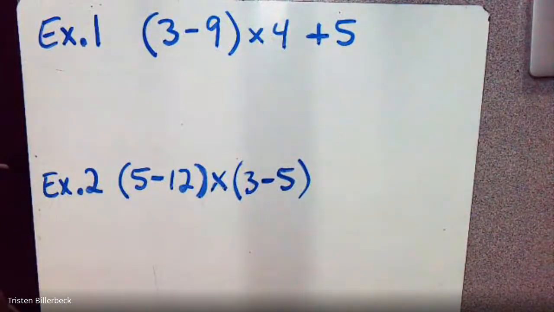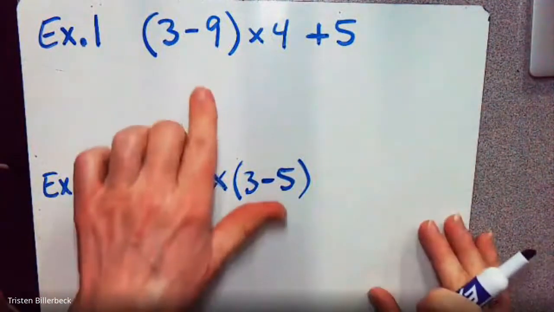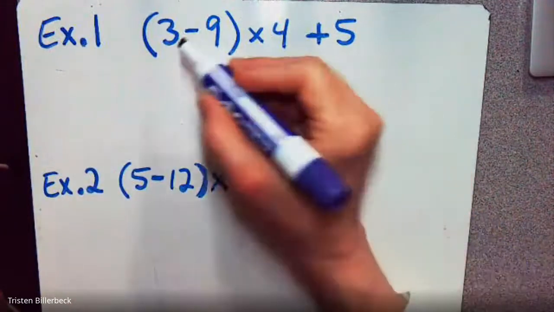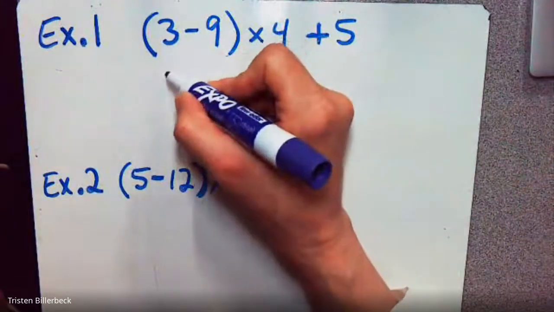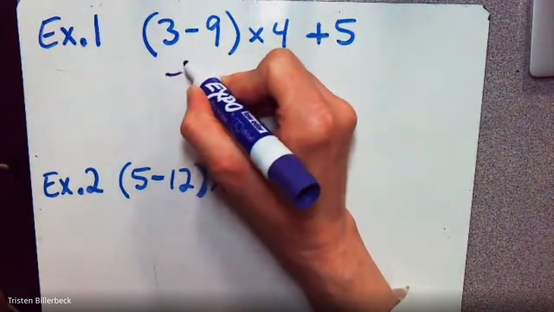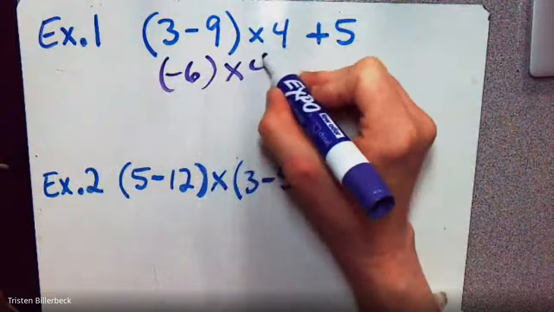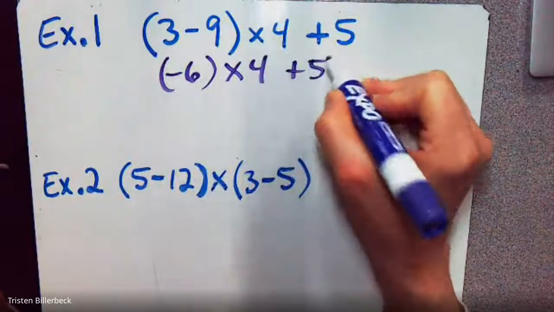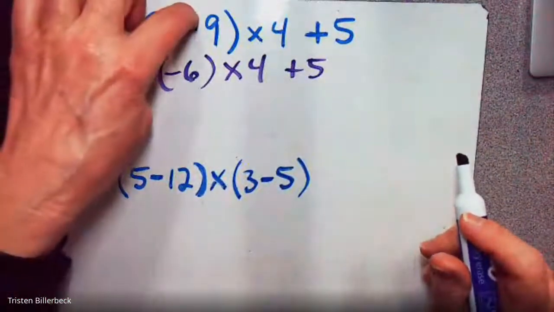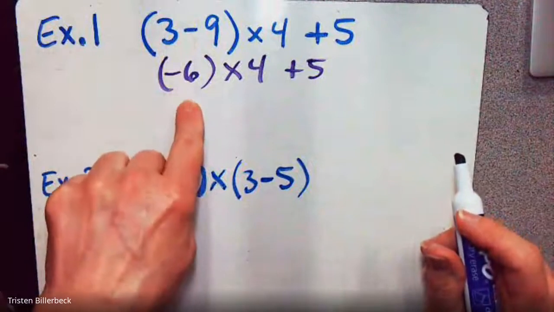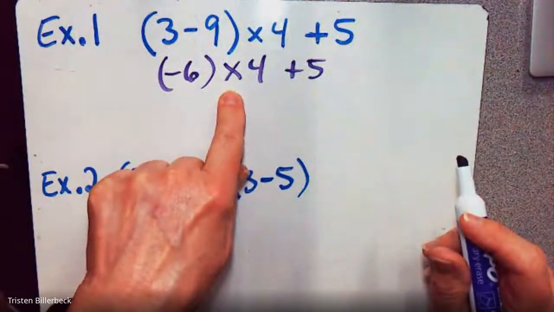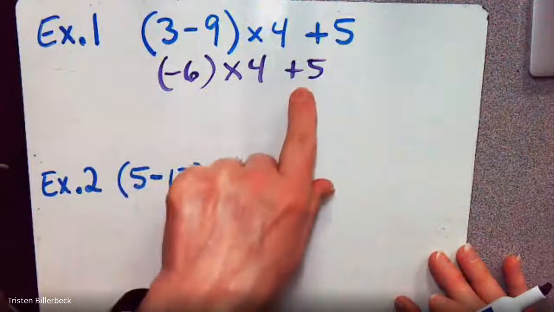If I have an example, here I have parentheses, so I'm going to work with these parentheses first. So 3 minus 9 would be -6 times 4 plus 5. I did the parentheses first, and now multiplication is before addition.